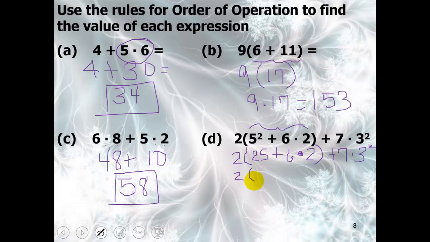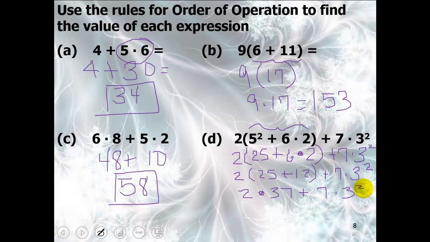So I have 2 times 25 plus 12. And then I'm going to copy down my other terms, factors. I still have this grouping symbol, but I can add it together now. So I have 2 times 37 plus 7 times 3 squared.